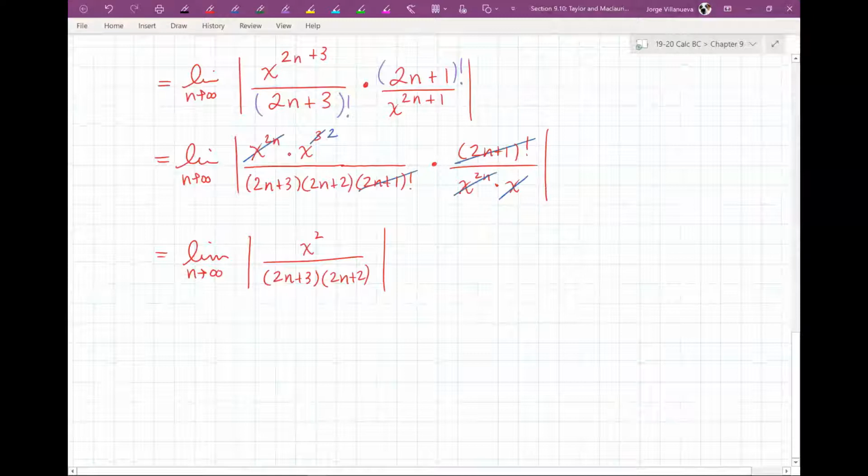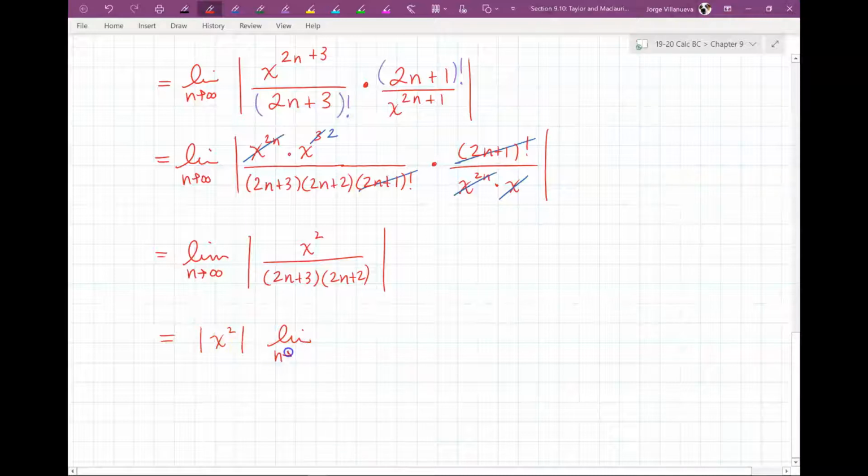N. So the x we kind of treat like a constant of sorts, right? So I'm going to factor it out. And I get the limit as n approaches infinity of 1 over 2n plus 3 times 2n plus 2. What's that limit? 0. So absolute value of x squared times 0 is equal to 0.